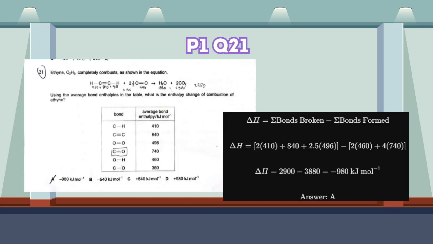And then for the next question, paper 1, question 21, delta H equals sigma bonds broken minus sigma bonds formed.